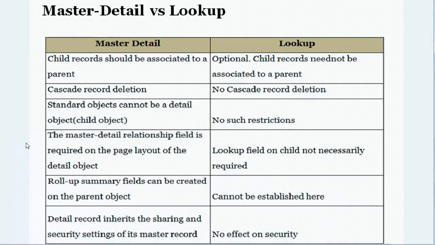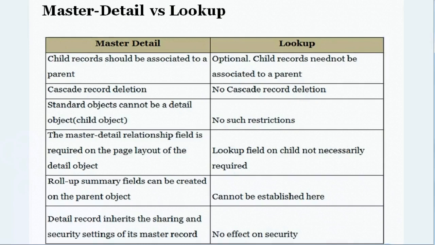Roll-up summary fields can be created in master detail relationship, whereas they cannot be established in lookup relationship. And in master detail relationships, the detail record inherits the sharing and security settings of its parent record. However, in lookup relationship, they are independent. They have no effect on the security.